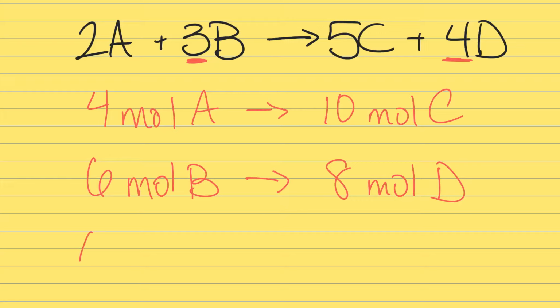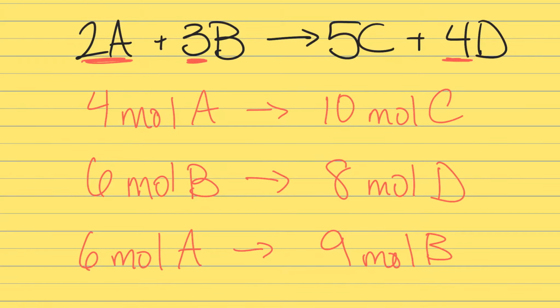If we have, for example, 6 moles of A, it will also react with 9 moles of B. I multiply this number by 3 to get 6, so I need to multiply this number by 3 as well to get 9 moles of B. Regardless, these are the ratios.